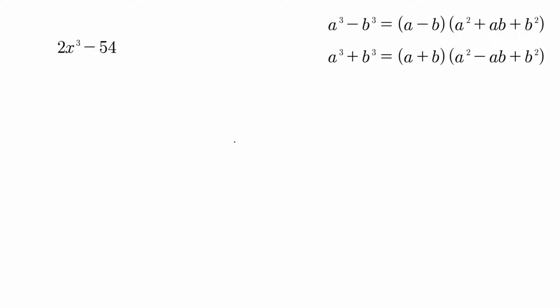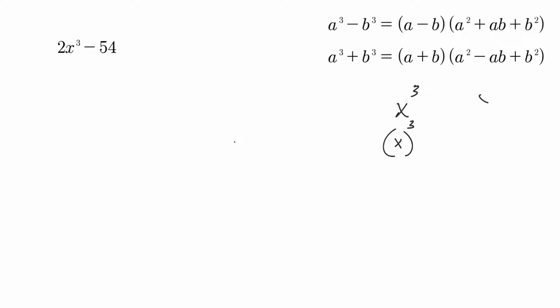Here's a couple of videos that deal with factoring and specifically sum or difference of cubes. So when you're looking for cubes, one thing you need to identify is what the cubes are. Like if you write x cubed, you can see that that is x times itself 3 times.